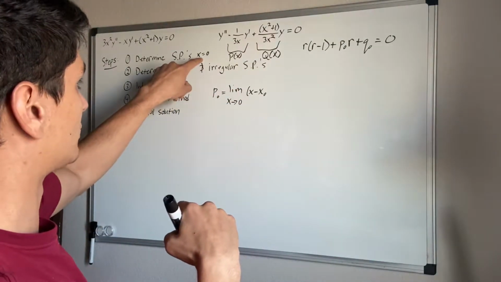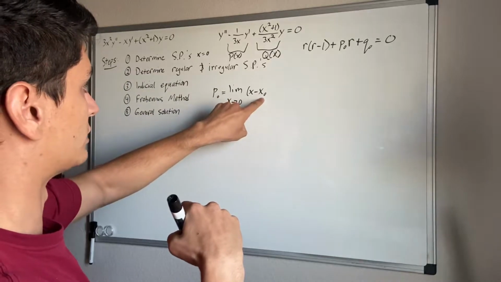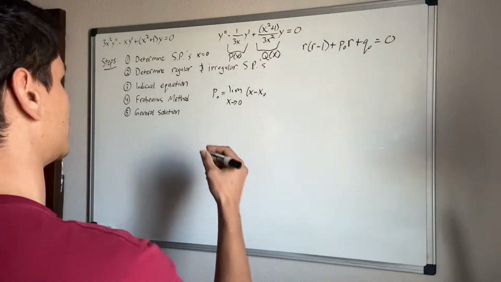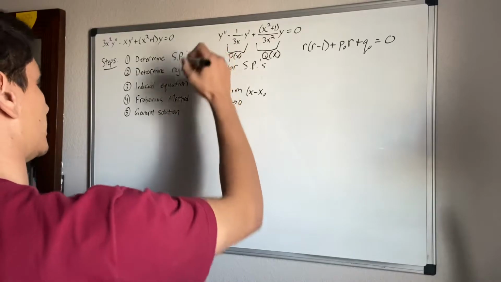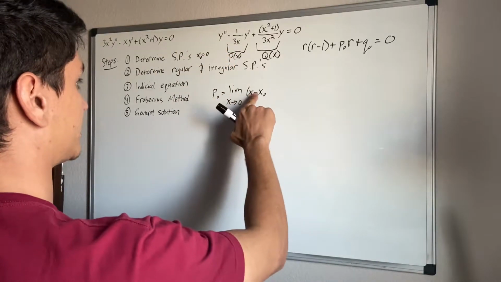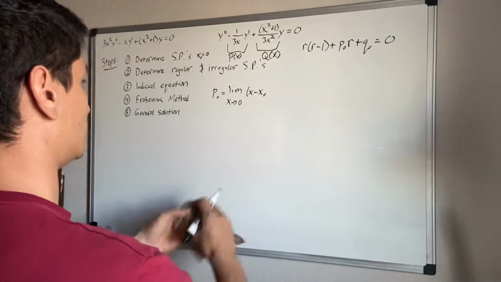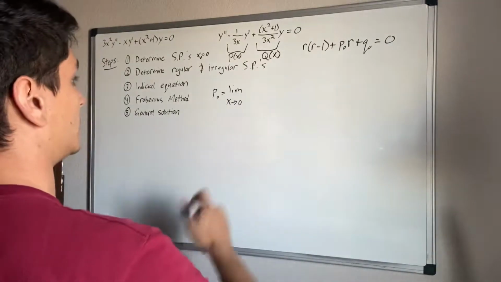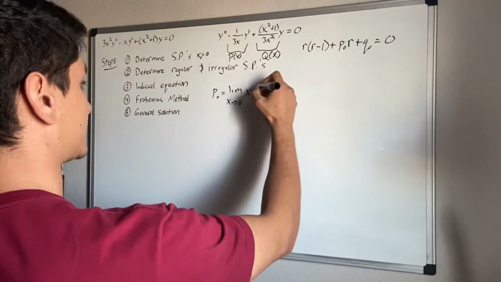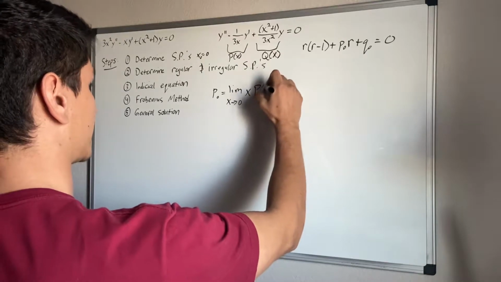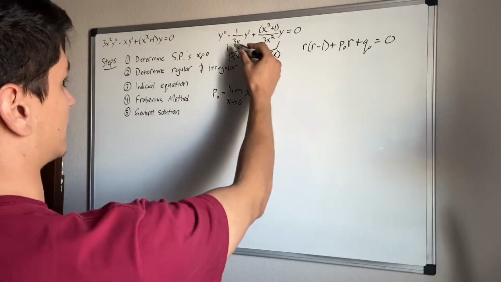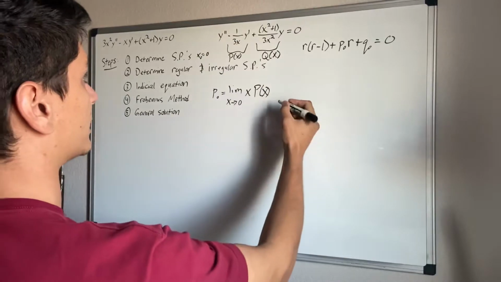If this was anything other than 0, then you would write it here. But since x naught equals 0, it's simply x minus 0, which is just x. So x times capital P of x, where capital P of x is this term, minus 1 divided by 3x.